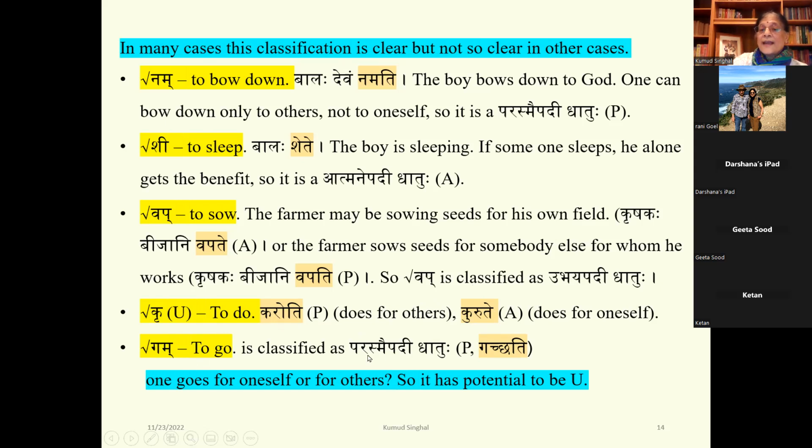It is classified as a parasmaipadi dhatu: gachati, gachasi, gachami, and so on. One could ask whether one goes for oneself or for others, so it has the potential to be an ubhayapadi dhatu, but it is used as a parasmaipadi dhatu. As I said before, in many cases this classification is clear, but not so clear in other cases.